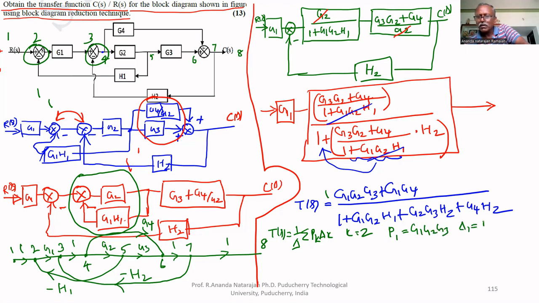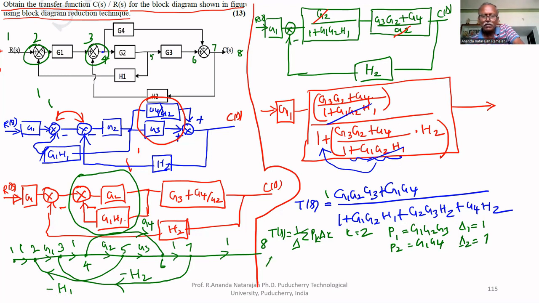Delta 1 equals 1 because no part of the graph has loops. The second forward path is P2 equals G1 G4. Delta 2 also equals 1, because no part of the graph has loops.